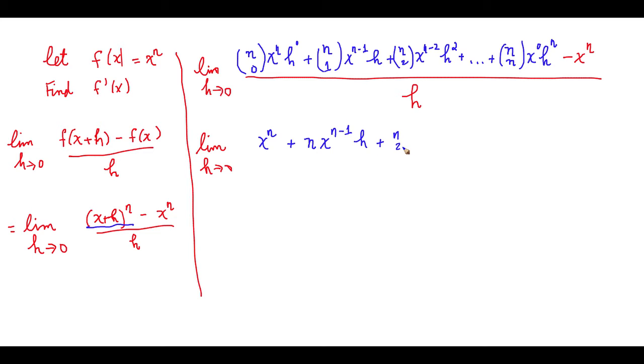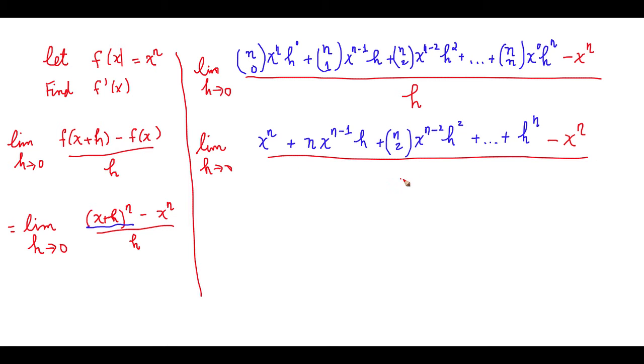I actually don't know what that is. N choose 2 is a lot different depending on what your value of n is going to be. H squared plus dot, dot, dot. N choose n is just going to be 1. X to the 0 is 1. And so we have just h to the n. Then we still have the minus x to the n at the end, all of this over h.